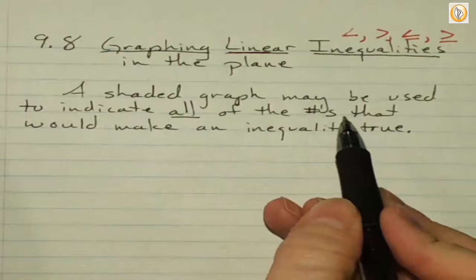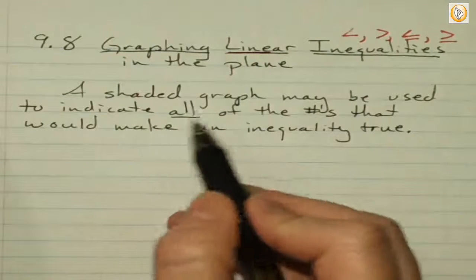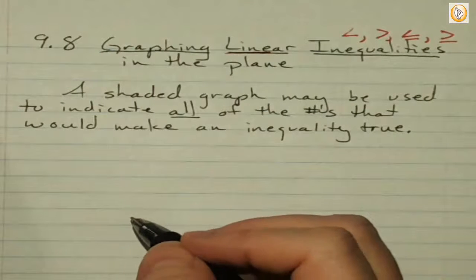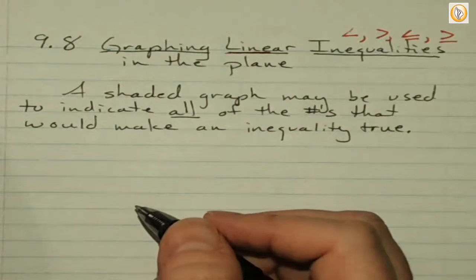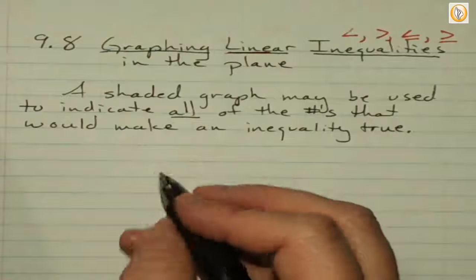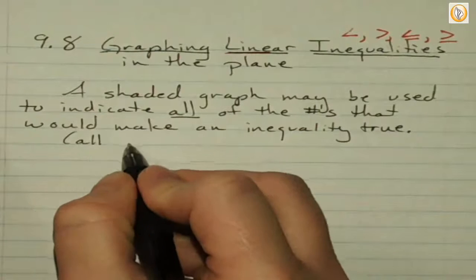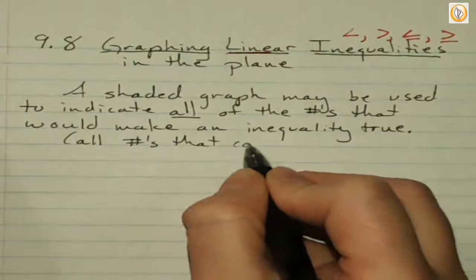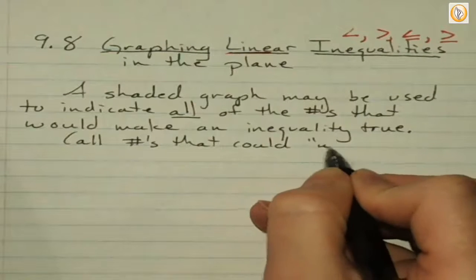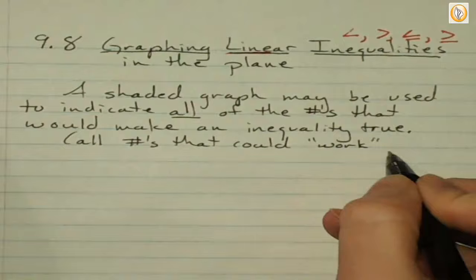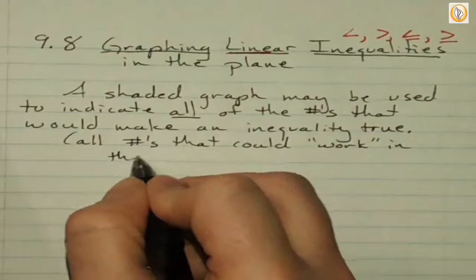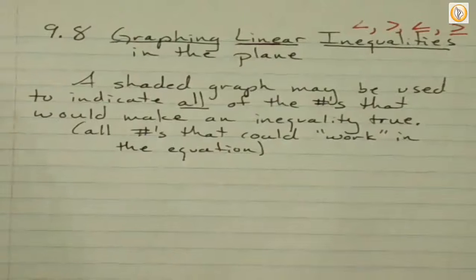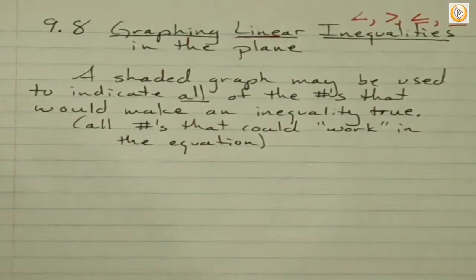So a shaded graph may be used to indicate all of the numbers that would make an inequality true. Before, there would just be like one ordered pair or something like that. Now it's going to be all numbers that could work in the equation.